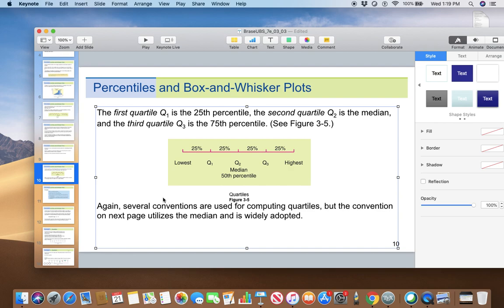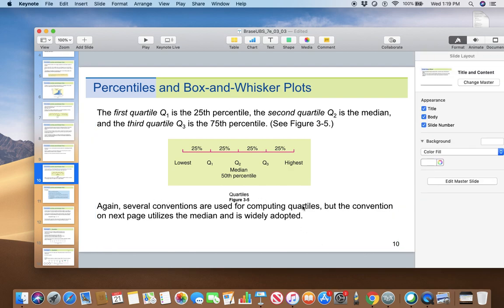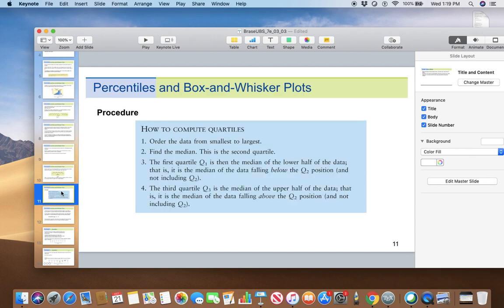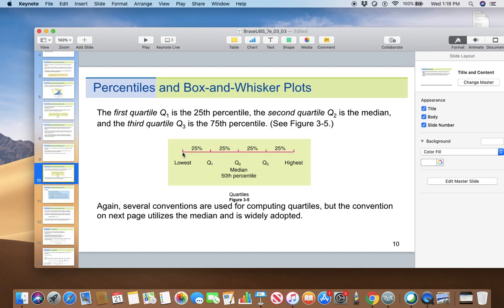Several conventions are used for computing quartiles, but the common convention on the next page utilizes the median and is widely adopted. So, how to compute the quartiles? Order the data from smallest to largest. First, find the median. This is Q2.